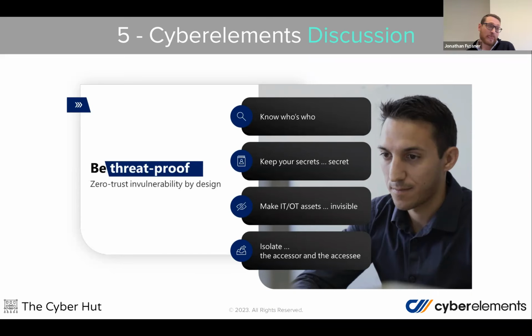The second one is about keeping the secrets of the company secret. It sounds a bit weird, but we see a lot of companies giving credentials to third parties or employees, who will be able to connect to different systems. But in the end, it's just the beginning of a big nightmare, because you don't know exactly who will be connecting to which system, and what this user will do.